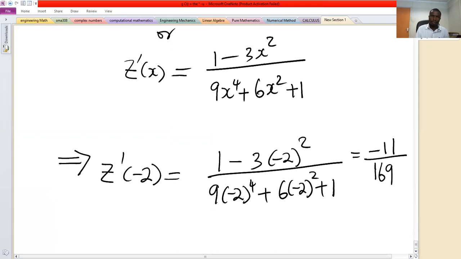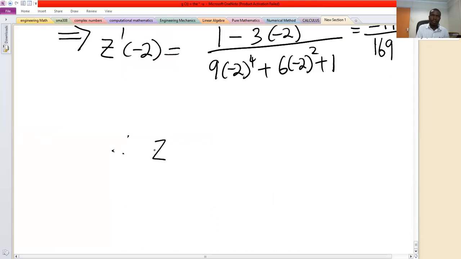So therefore, z prime at minus 2 is minus 11 over 169.